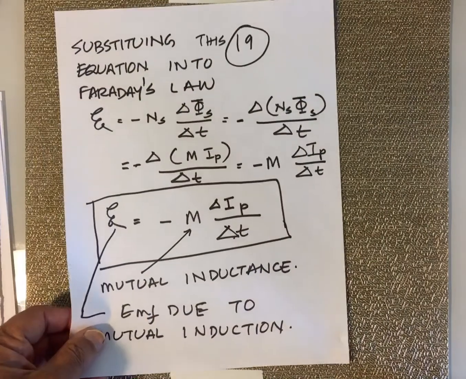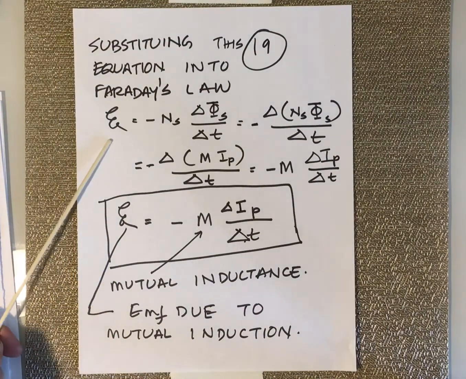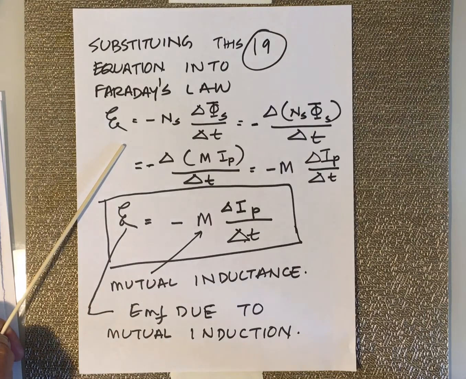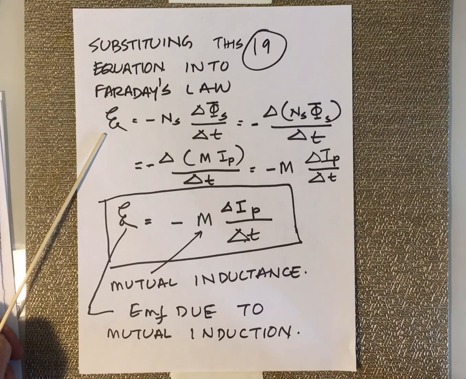Now let's substitute the equation in Faraday's law, where the induced EMF equals negative Ns times delta magnetic flux, secondary, divided by delta t.